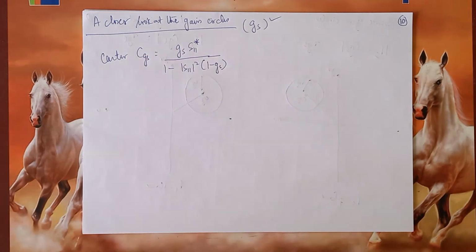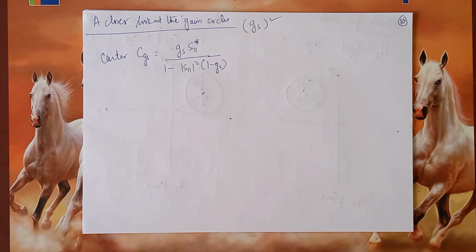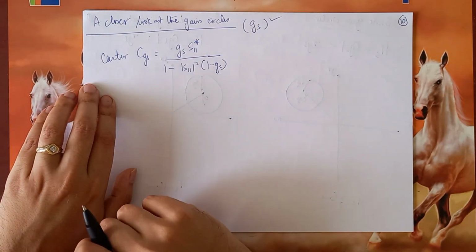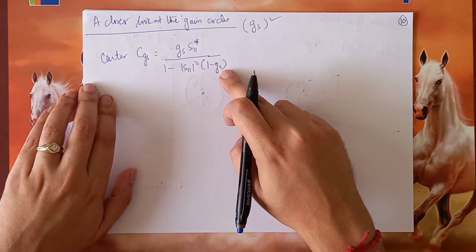Can we observe a relationship between G_S and successive C_GS for those values of G_S? What we see is that the C_GS equation has a G_S term in the numerator and a G_S term in the denominator.